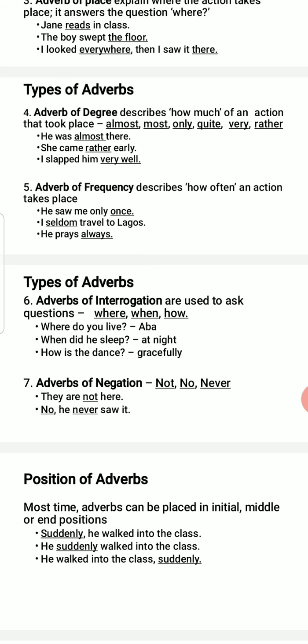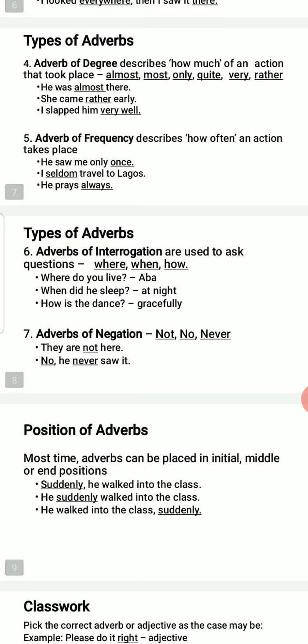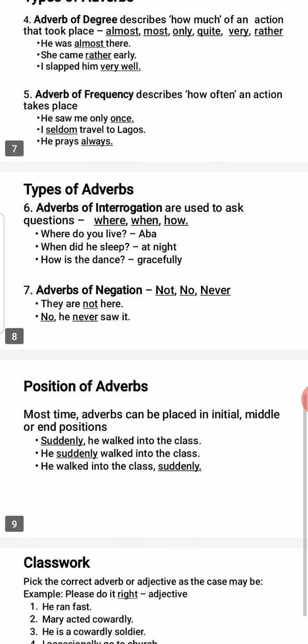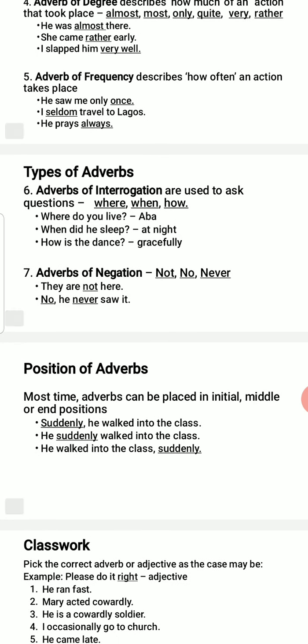I slapped him very well. That sentence can read, I slapped him well. But here we have introduced very to tell us more about the degree of the action. So very is another adverb qualifying the adverb well.